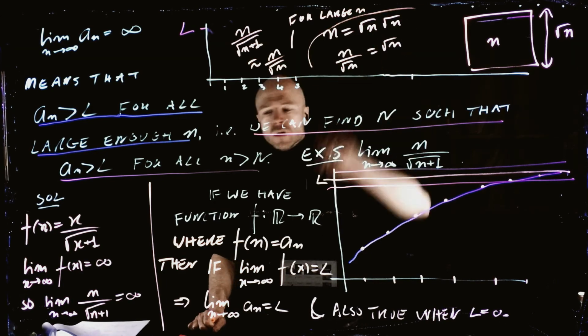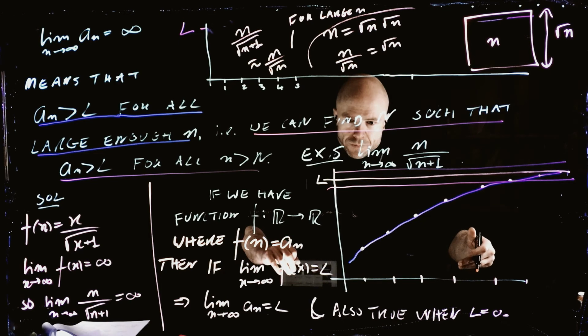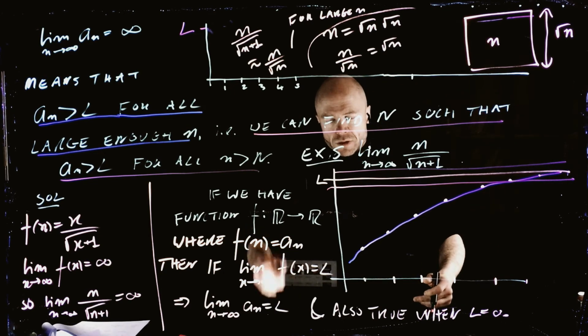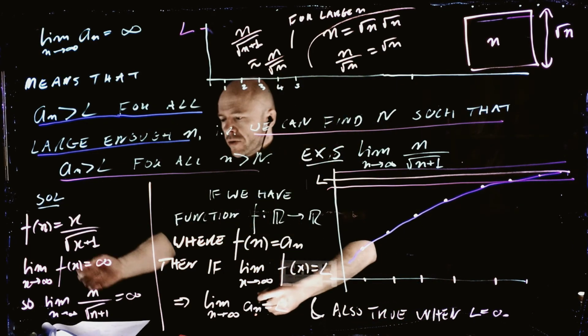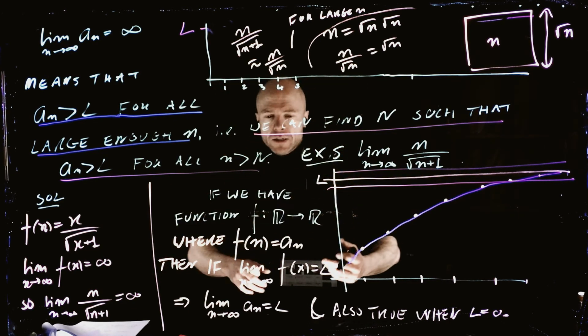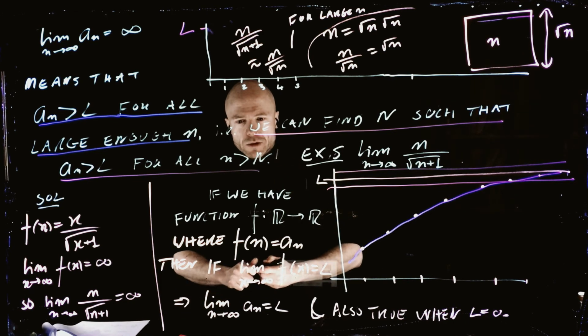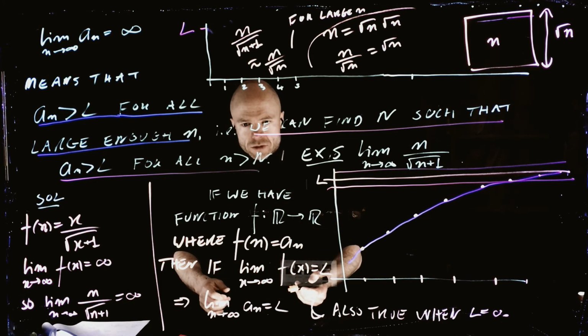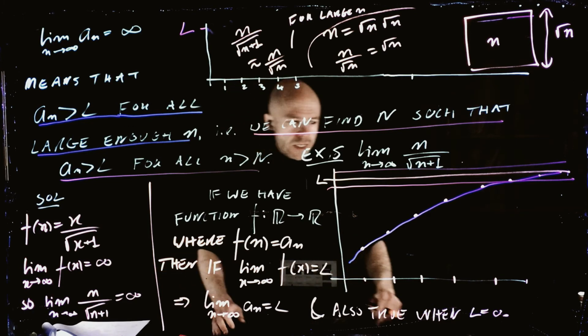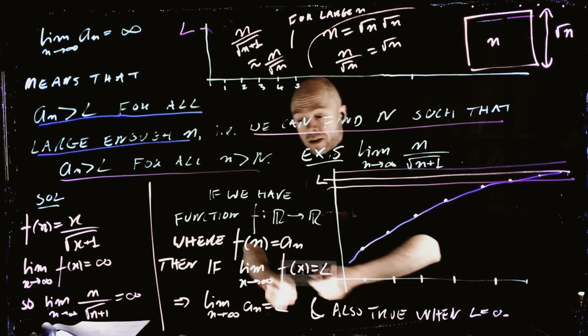So if you can do horizontal asymptotes for a function, you can also figure out limits. In fact, it's easier. Sorry, let me say that whole thing again. If you can do horizontal asymptotes for a function, then you can also figure out limits for sequences, because it's actually easier. Sequences are easier, more simple things to understand than functions. Functions are a more sophisticated mathematical object.